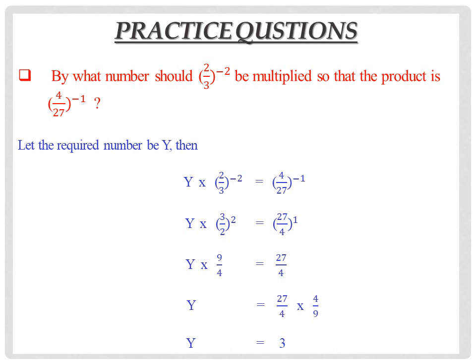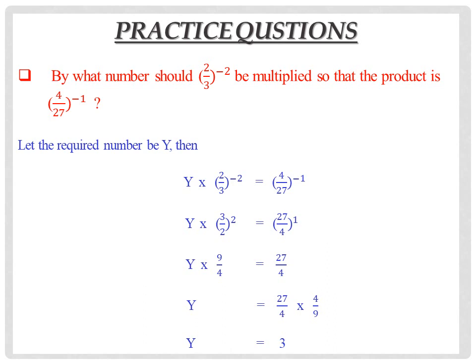In the next step, you just see that we take the reciprocal of 2/3. It will become 3/2 and the power becomes positive 2, and similarly on the right-hand side 27/4 and the power becomes 1.